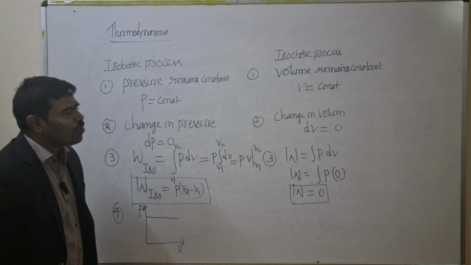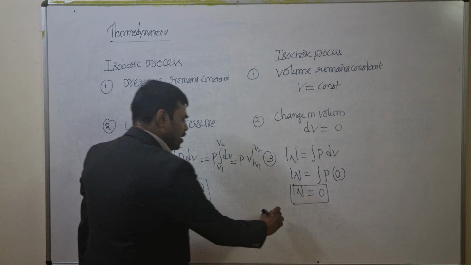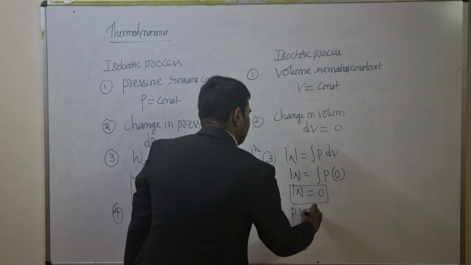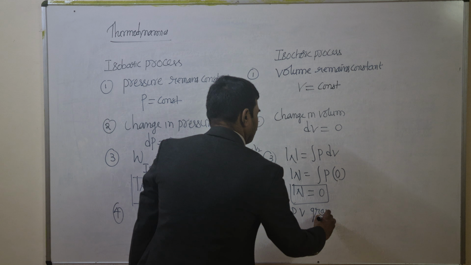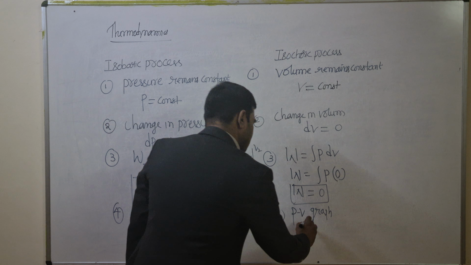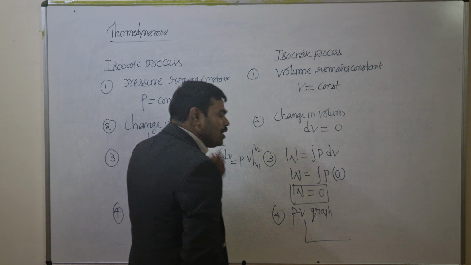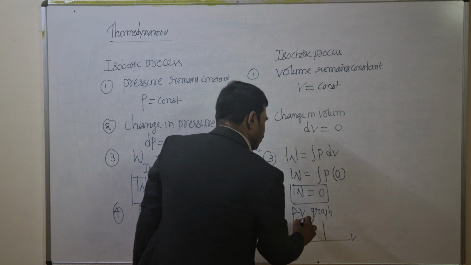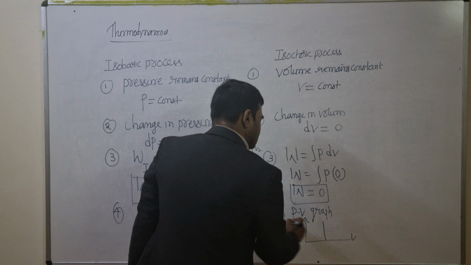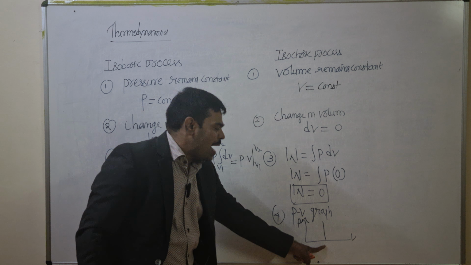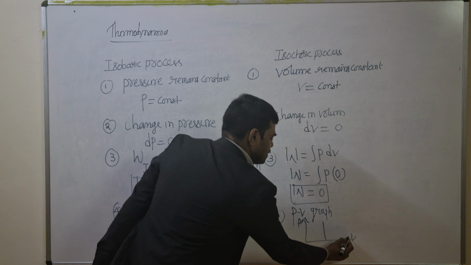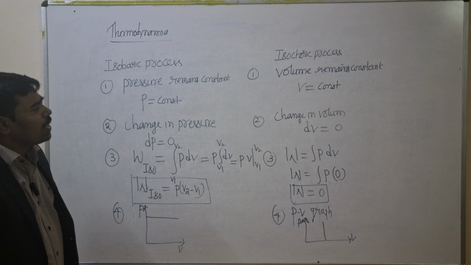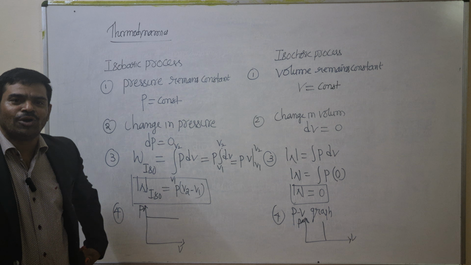Whereas in isochoric process, in the PV graph, volume remains constant, so that line is parallel to the pressure axis. These are the main differences between the isobaric process and isochoric process.